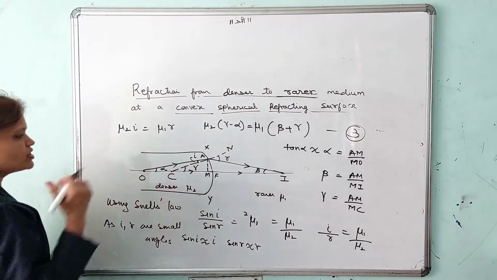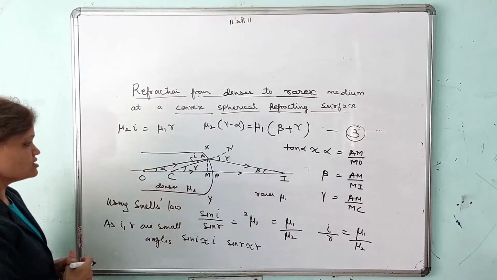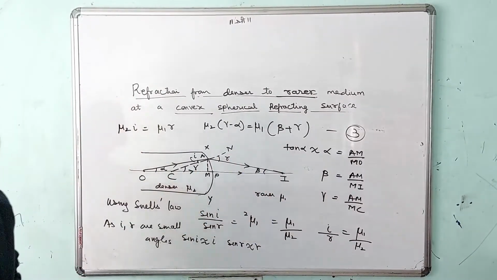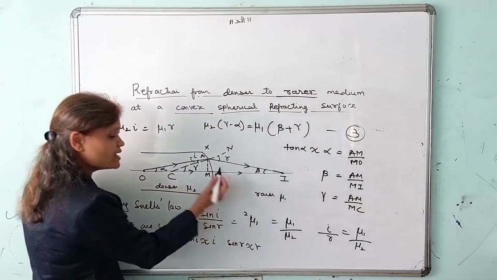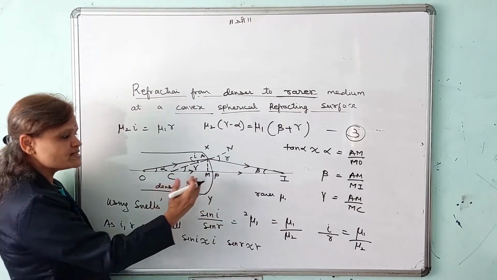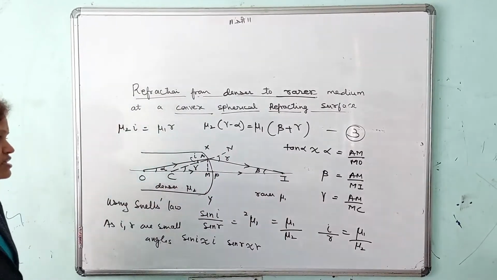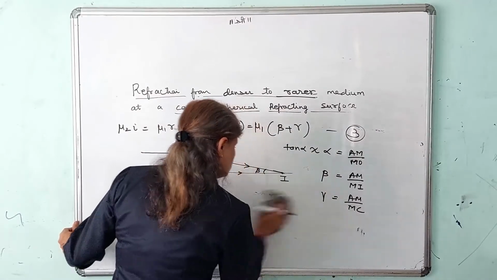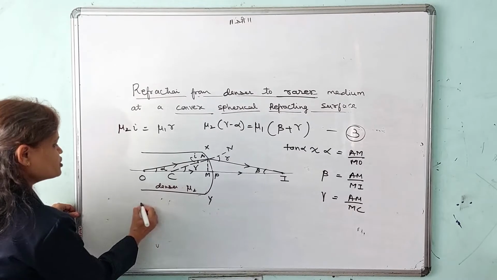Also note this from the ray diagram. This distance PO is the object distance u, PC is the radius of curvature, PI is the image distance v. We have to measure all the distances from the pole. We are going to consider the pole like an origin, and all the distances to the right side are positive, to the left side are negative. So substitute.